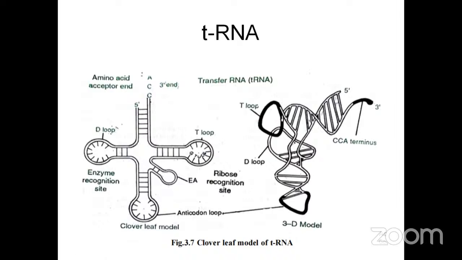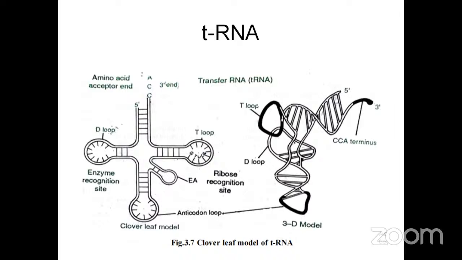Of the total cellular RNA, it makes up 10 to 15%. It is also called soluble RNA or sRNA, adapter RNA, or translator RNA. The molecular weight is about 25,000 Dalton.